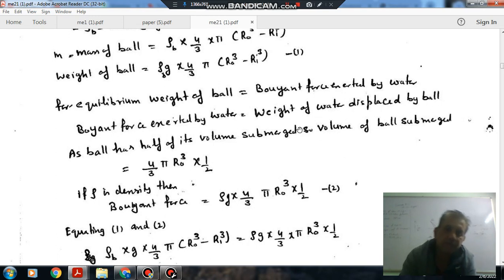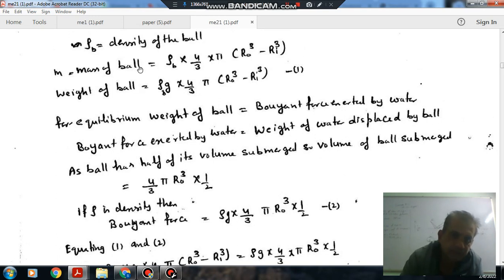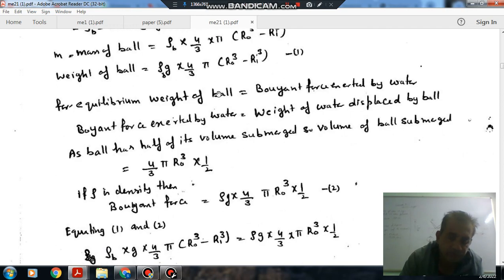The weight of water displaced is the volume of ball inside the water multiplied by density.